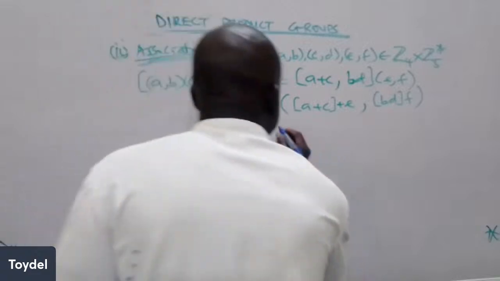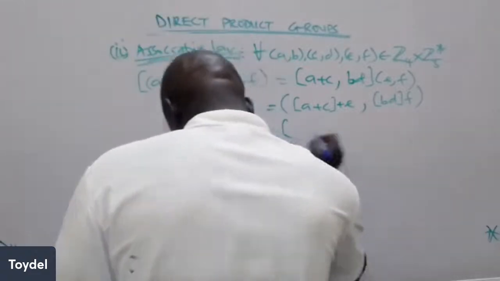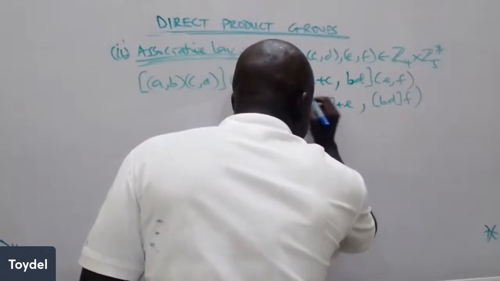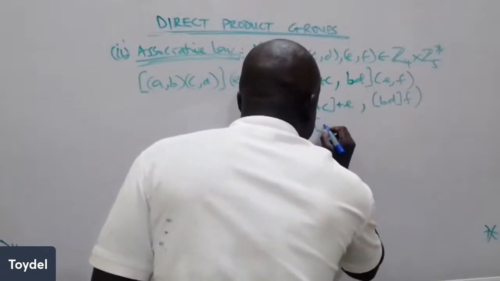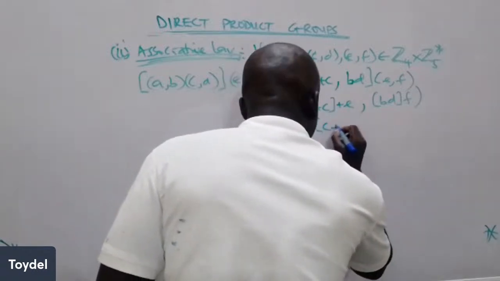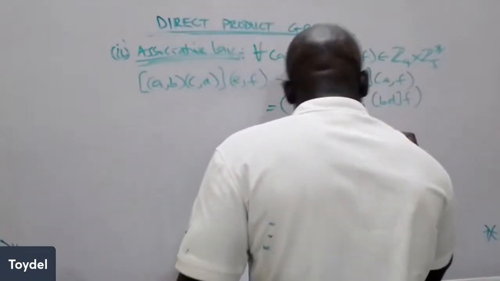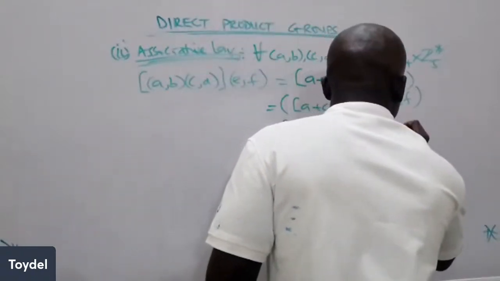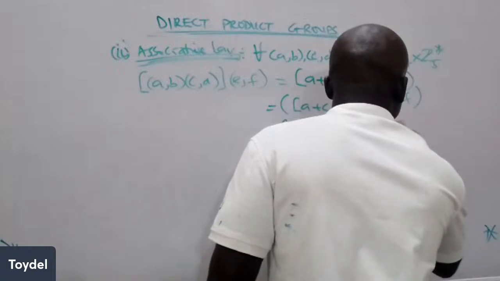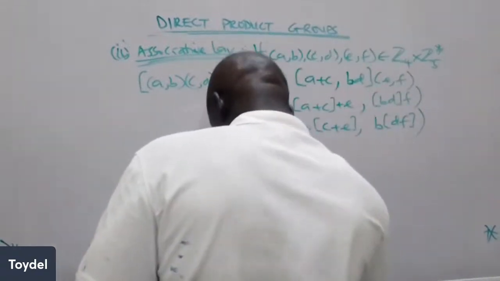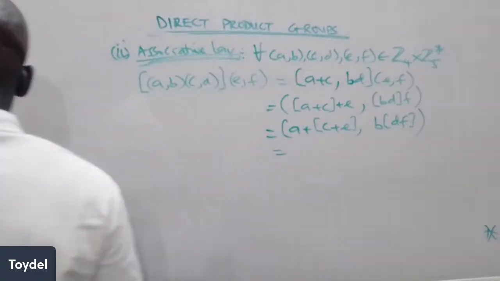Then can I rewrite this? Yes. Is it possible to write this? I can bring out A now. I'll say A plus, then I put the bracket here to be C plus E. I'm just trying to rewrite it. In this case also, can I bring out B? Yes. Then I will have B, I will have DF. So at this point now, what is the interpretation of what I have on the board?